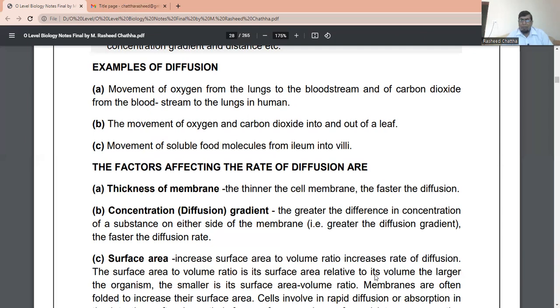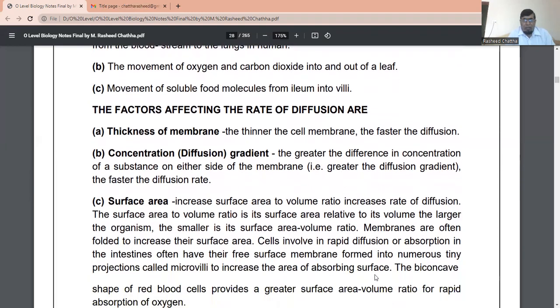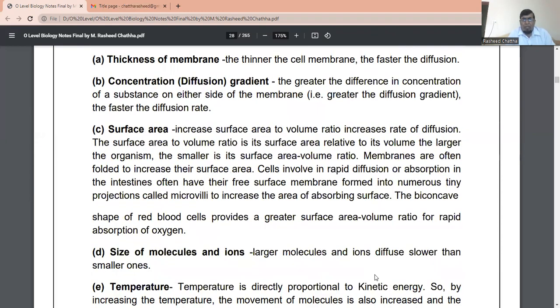For example, if on one side the concentration is 100% and zero on the other side, then the difference between the two will be 100, so the rate of diffusion will be very fast. But if the concentration on both the sides is equal, then there will be no net movement of the substances, or it will be equal on both the sides.